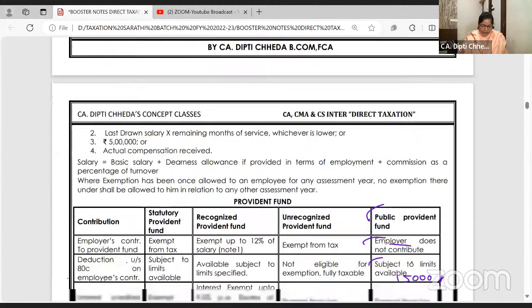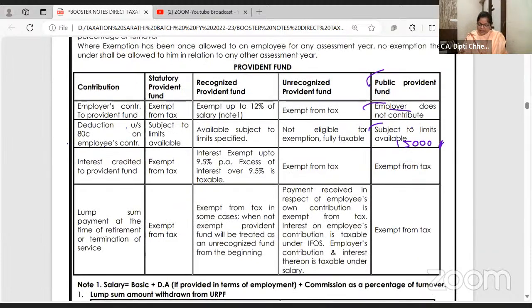So when you do income from other sources and you get PPF interest, rather than writing the note later, write it there itself: PPF interest, say 5,000 in the inner column, outer column exempt. So whatever interest you receive on PPF, it is exempt from tax. And then on maturity, after 10 years or 15 years, when you receive the lump sum from the PPF, that is also exempt.